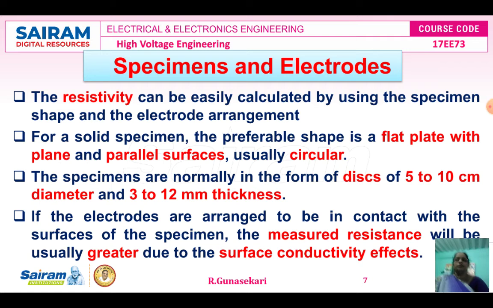The diameter of the specimen is 5 to 10 centimeter, and the thickness of the specimen is 3 to 12 mm. The electrodes are to be in contact with the surfaces of the specimen. The measured resistance is usually greater than with other electrodes due to surface conductivity effects.